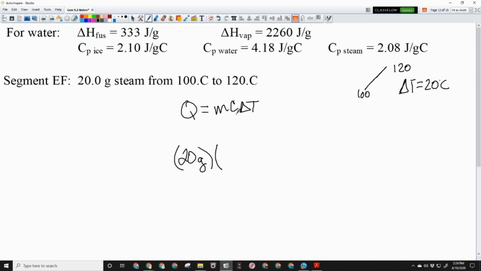Now we need the specific heat of steam. Now this is steam. So there it is right there. Specific heat of steam, 2.08 joules, which is what we want, per gram degrees Celsius. So we have grams and Celsius, so we don't have to have any conversions. So 2.08 times 20, which is our temperature change from 100 to 120. So 20 times 2.08 times 20.